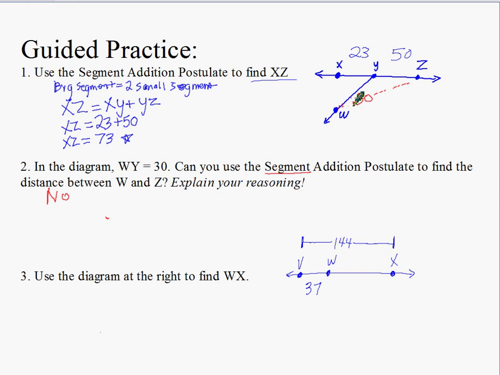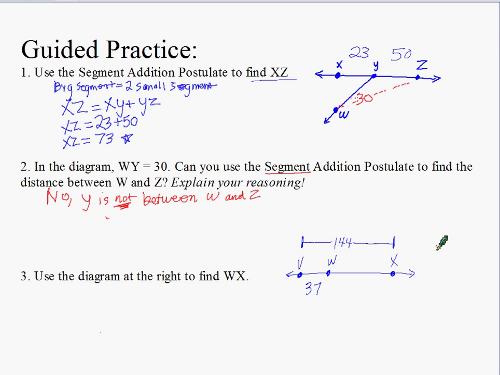How can I find the distance of this segment when there is no segment? I want you to remember collinear and in between. You would have to say no because Y is not between W and Z. We have no segment, so we can't even use the segment addition postulate.